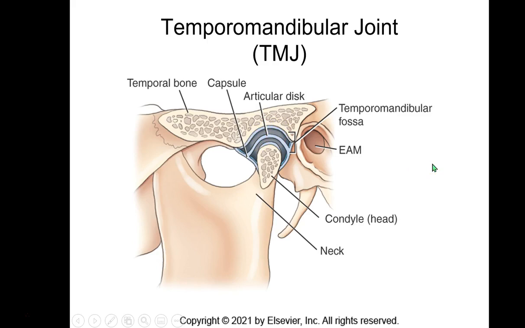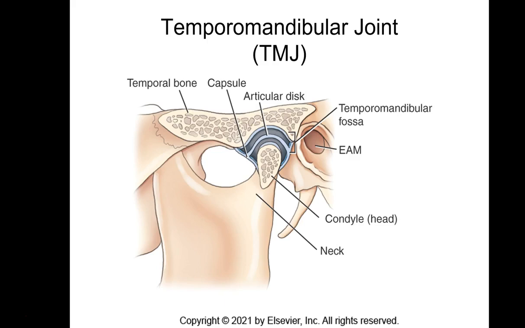A series of strong ligaments join the condylar neck, the ramus, and the gonion of the mandible to the lower borders of the zygomatic process of the temporal bone. And this two-part synovial joint allows for not only a hinge type motion, but also a gliding motion.